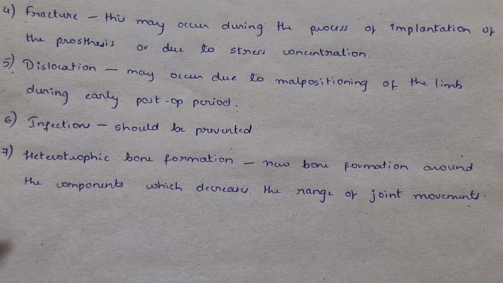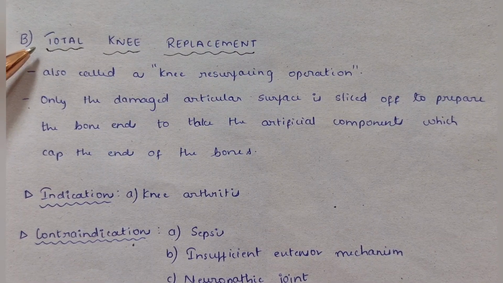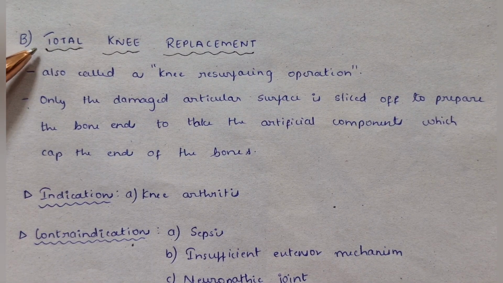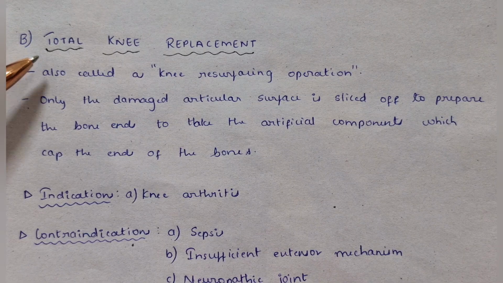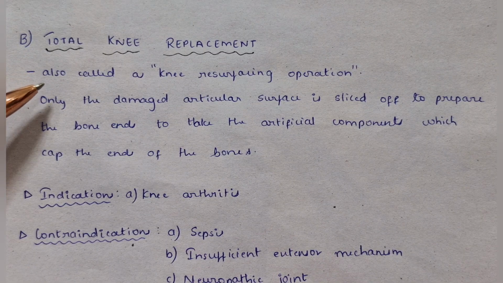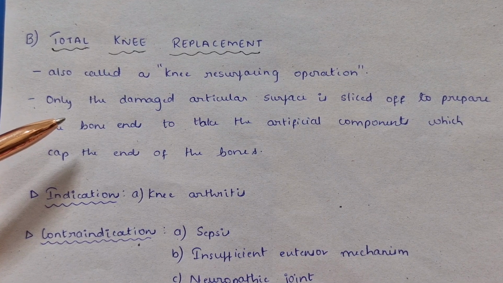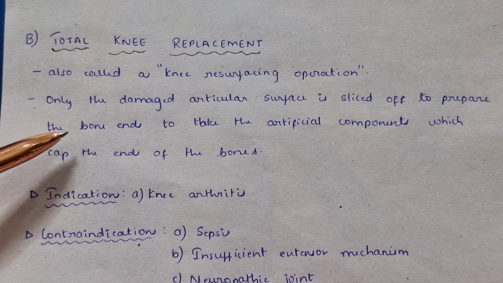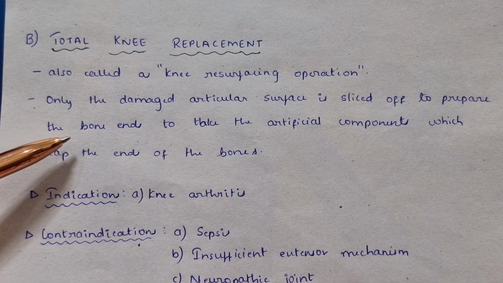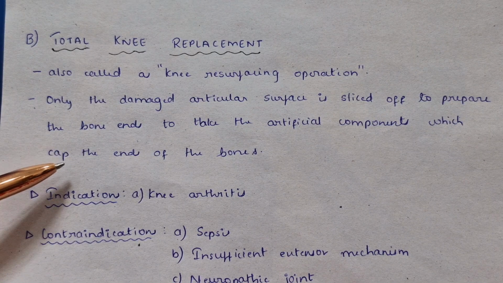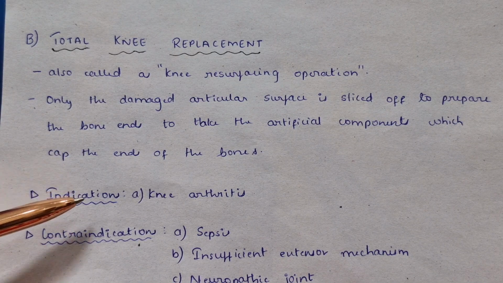Under total joint replacements, the second one is total knee replacement. This is also called the knee resurfacing operation. Only the damaged articular surface is sliced off to prepare the bone ends to take the artificial components which cap the ends of the bones.